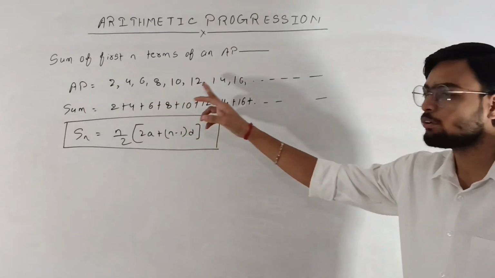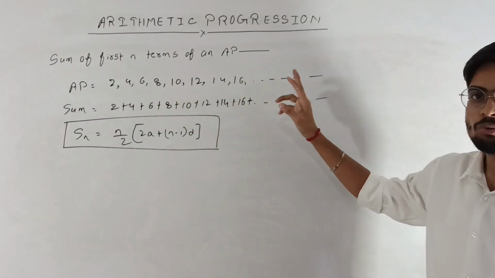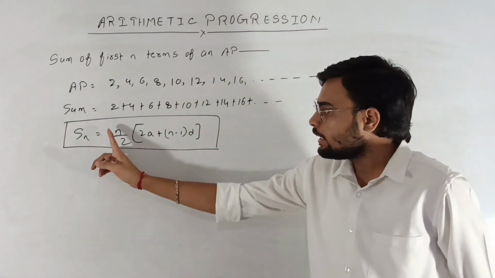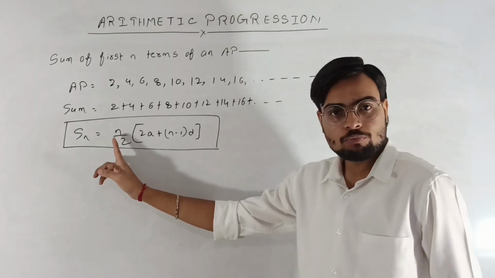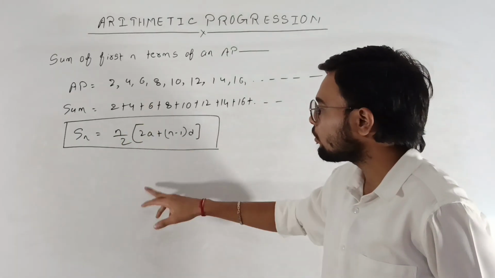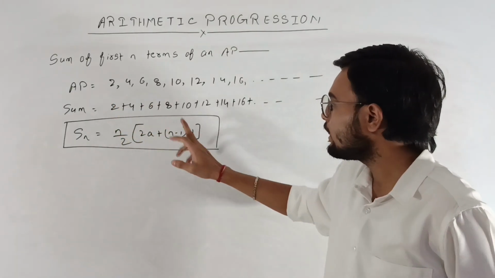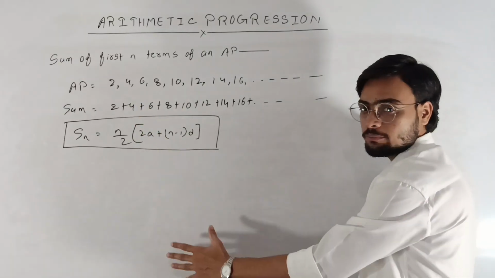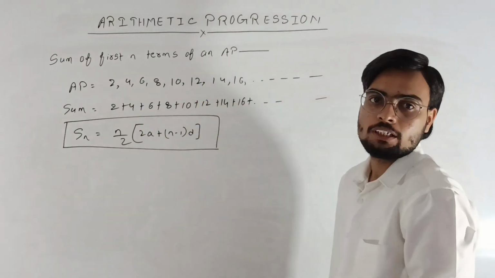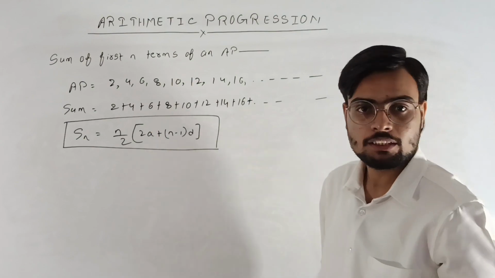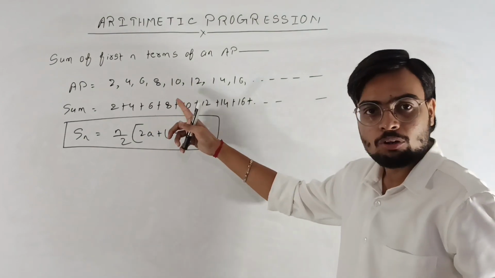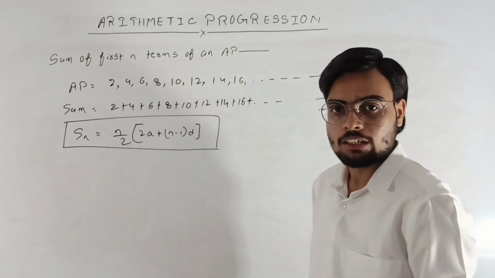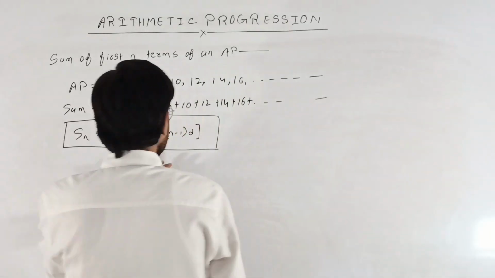Suppose this is my AP and I have to find the sum up to 20 terms. Then in this formula I put n as 20 and apply the formula. A is 2 and D is 2. I put in the values, then I get the sum of this AP up to 20 terms. If the question is asking to find the sum of 30 terms of this AP, then in place of n I put 30. Understood? Now let's split this formula.